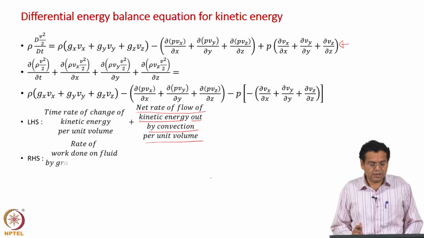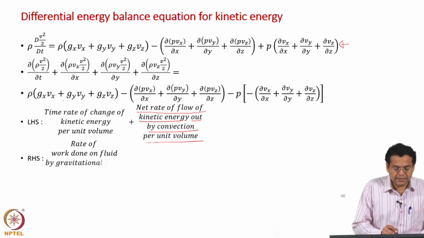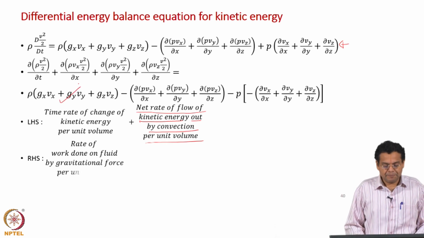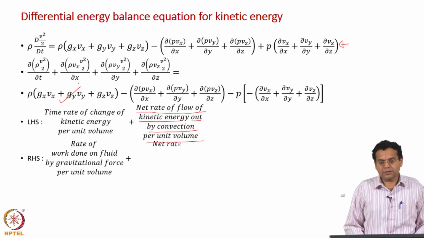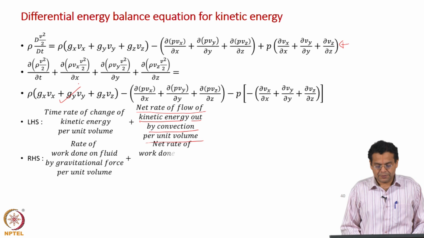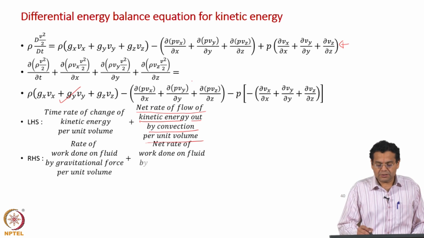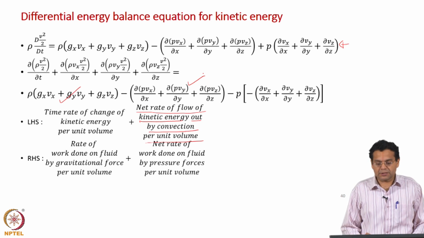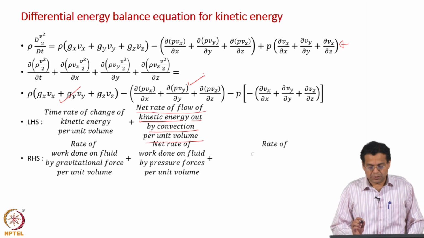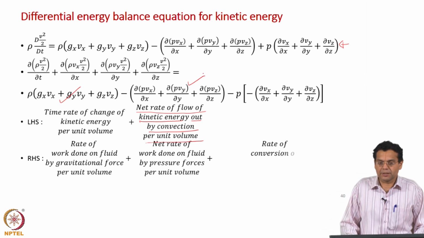Now, let us look at the right hand side. We have already seen the significance of this in detail; it tells the rate of work done on fluid by gravitational force per unit volume. We have also seen the significance of this term, that is the net rate of work done on fluid by pressure forces per unit volume. Now, the last term is something which I have not come across.